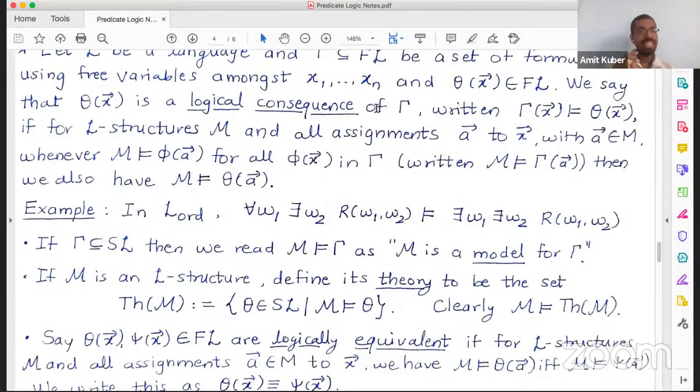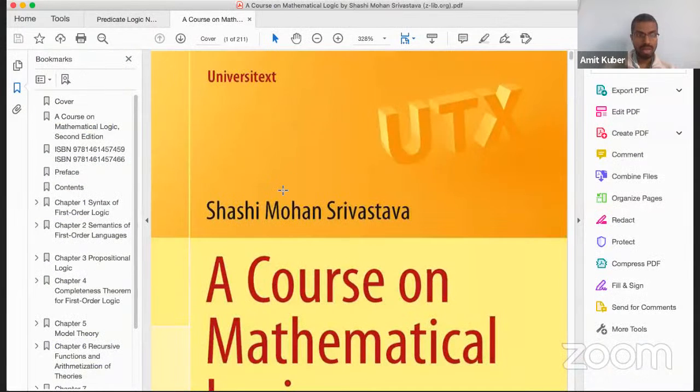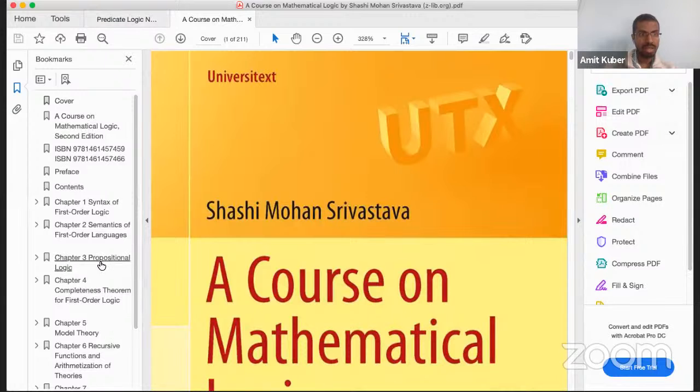So this is a collection of sentences, because there we say for all W1, for all W2, for all W3, W1 dot W2 dot W3 is equal to W1 dot W2 dot W3. I'm going to open a book so I can show you some examples of this.